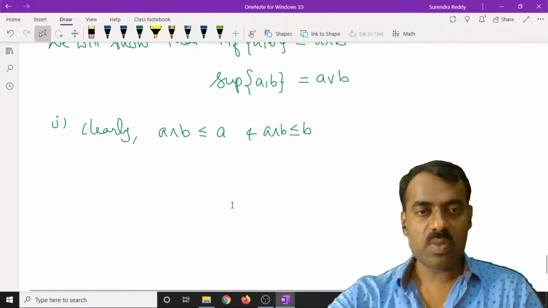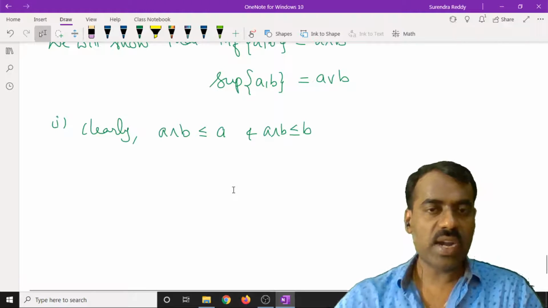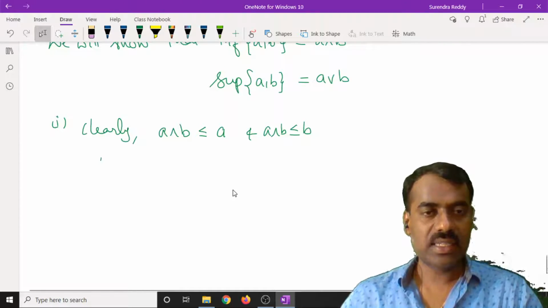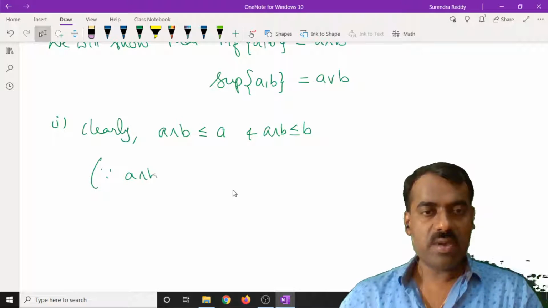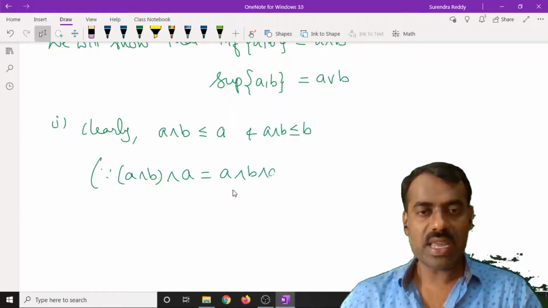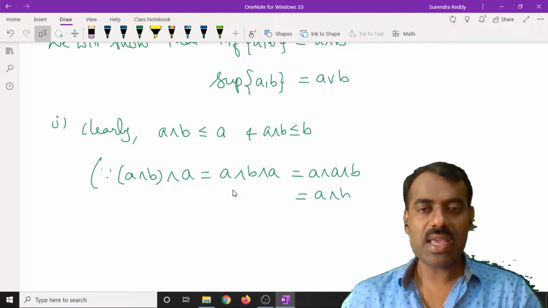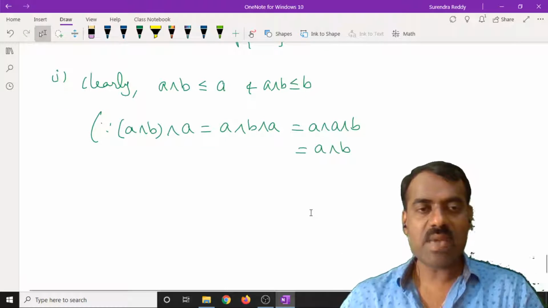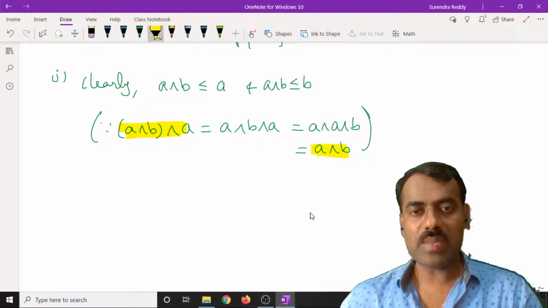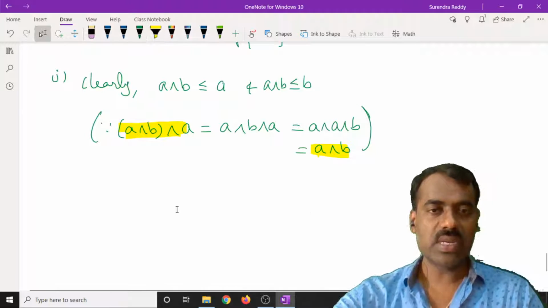Whenever we want to talk about relation, we have to go and meet with it. Since A meet B meet A is the same as A meet A meet B, by using associativity and so on, what we get is this. But A meet A is the same as A by idempotent. So we are getting that A meet B meeting with A is the same as A meet B. So A meet B is less than or equal to A, right?